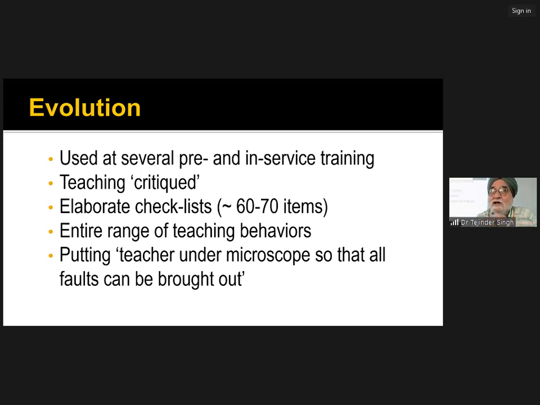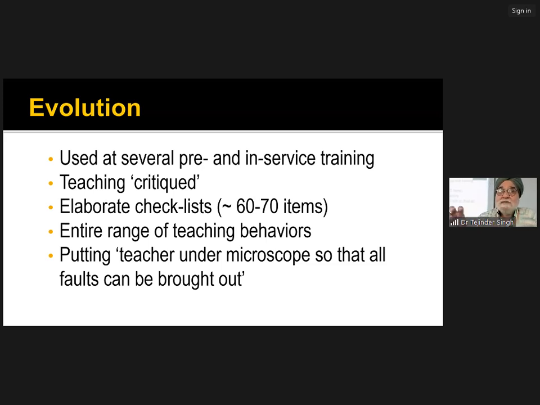Now imagine having only 5 minutes and having to put a tick on a checklist of 70 items. You won't be listening to what the teacher is saying. You won't really be observing, because your whole focus is on completing the checklist.